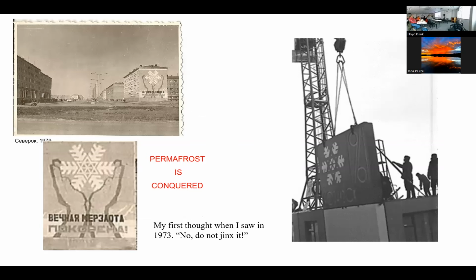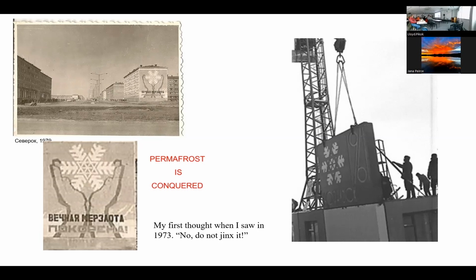This is the sign that man won over permafrost. Permafrost is conquered. And on the right side, they put these snowflakes. Again, this is the sign of permafrost conquered. I'm a superstitious person. I don't like this stuff.